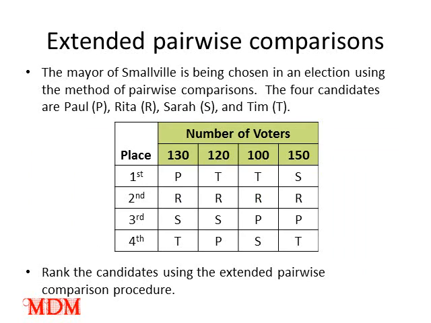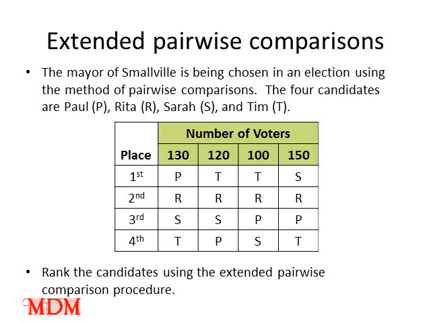Finally, let's look at extended pairwise comparisons. This time, when you look at our preference schedule, you'll see that it is a little bit different from the previous three examples. The mayor of Smallville is being chosen in an election using the method of pairwise comparisons.